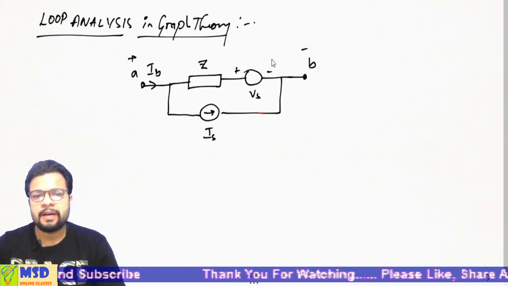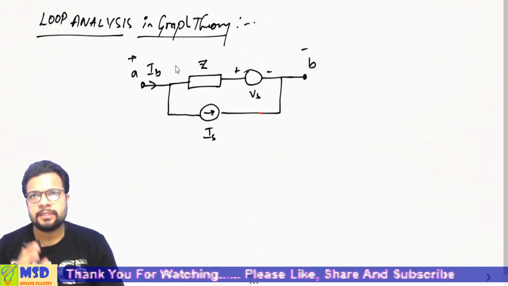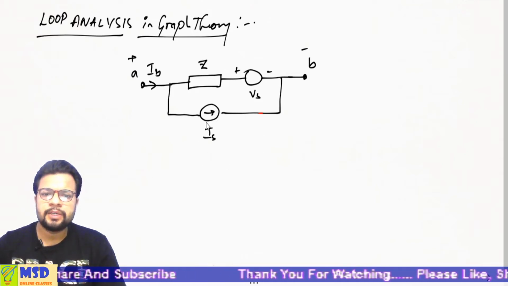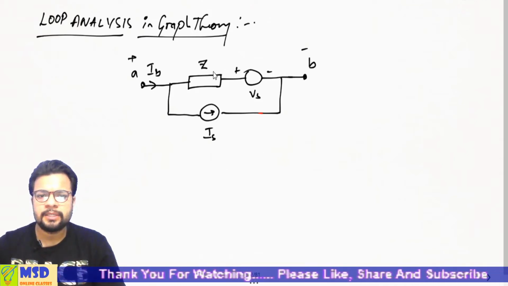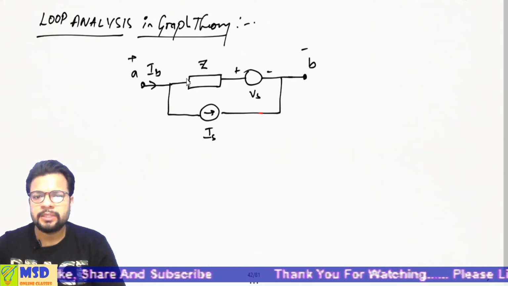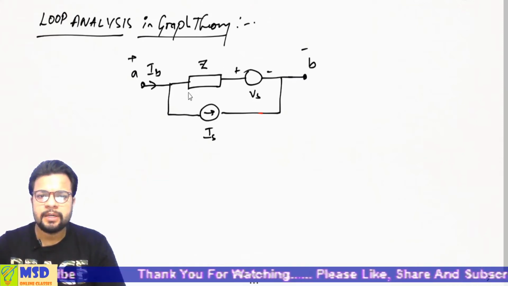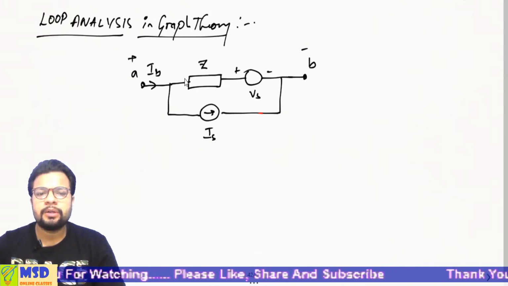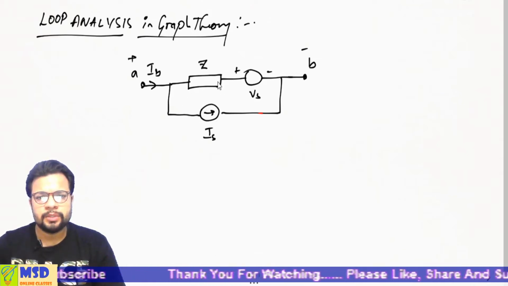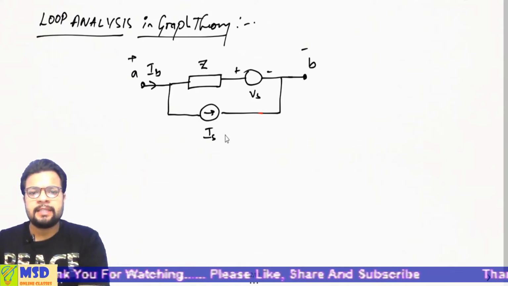It may consist of Z alone, Vs alone, or Is in parallel with Z. So this is what we have in the first session of graph theory, where I told you how to draw a graph. For any branch, you can have these two in series, or a single Z element, or a parallel combination of Z and Is. So let's just start.